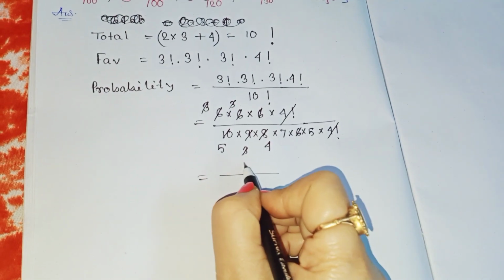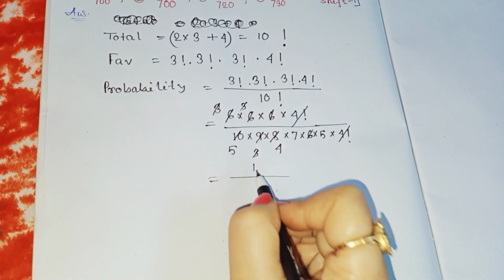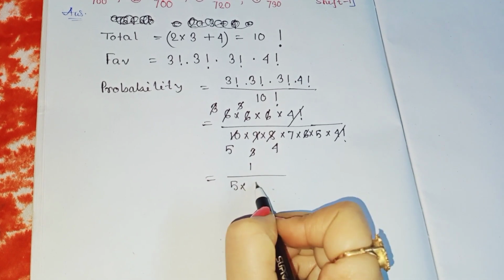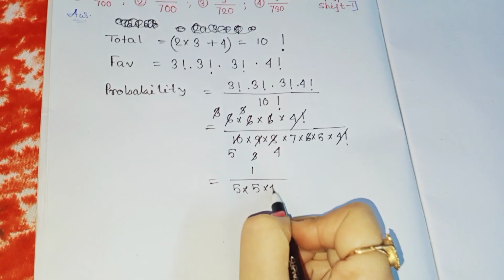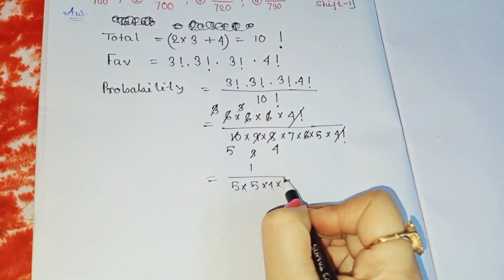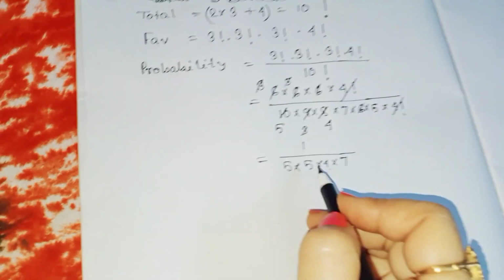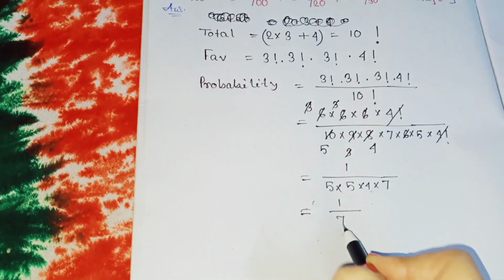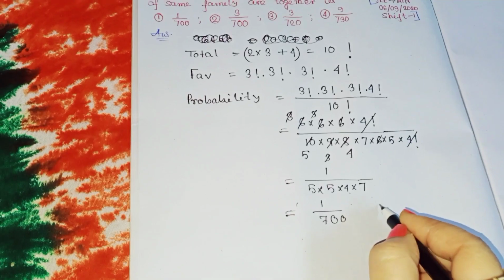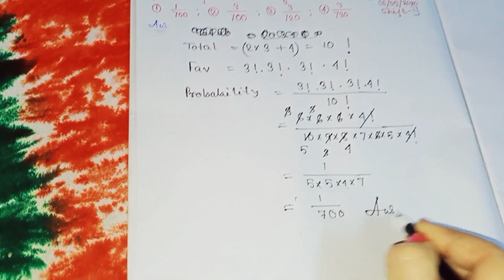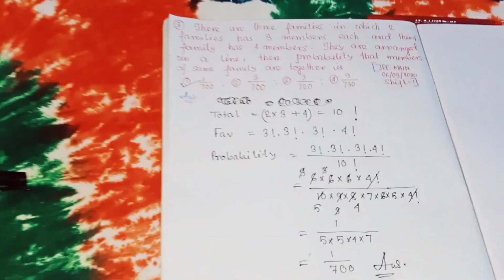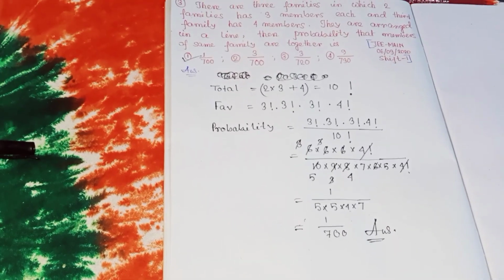So in the numerator it is 1, and here we get 5 into 5 into 4 into 7. So it is 1 by 700. This is our required answer, and option 1 is our correct choice. So here is the whole solution.